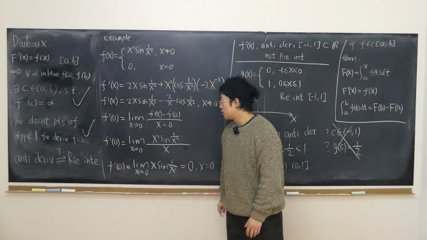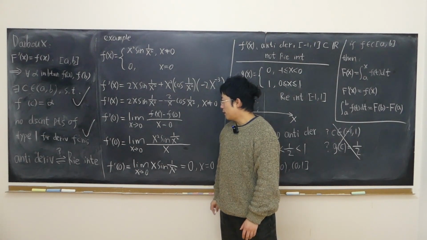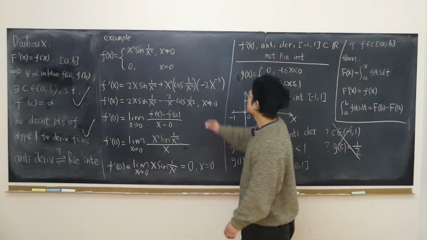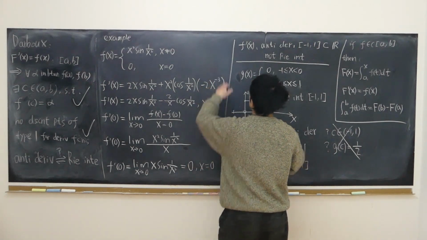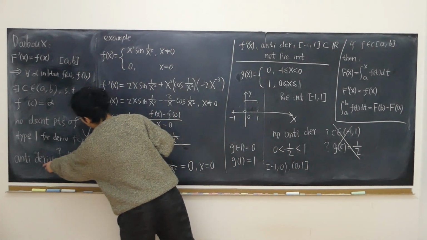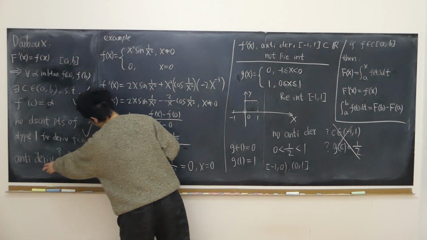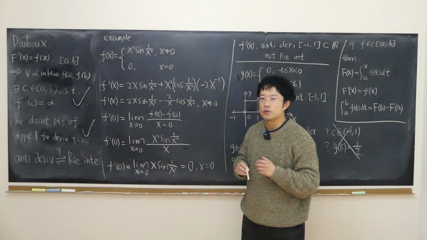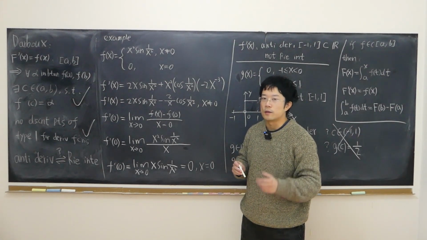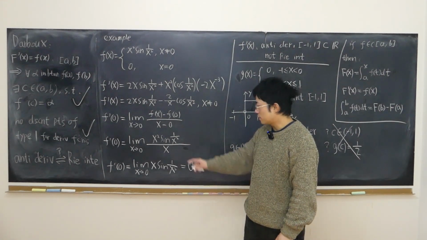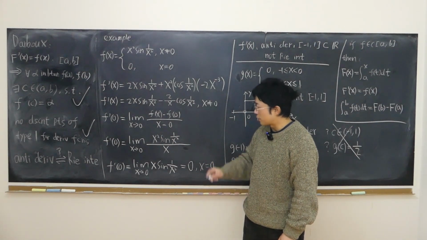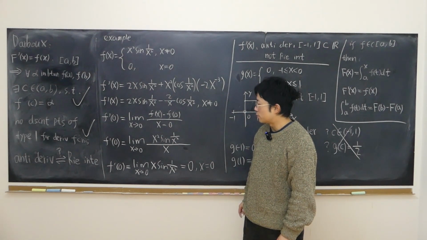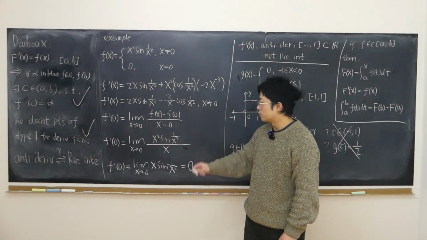So all in all, the essence of antiderivative, or the essence of indefinite integral, is in fact only differentiation. It is not integration. The essence of Riemann integral is integration. So there is an essential difference between antiderivative and Riemann integral.